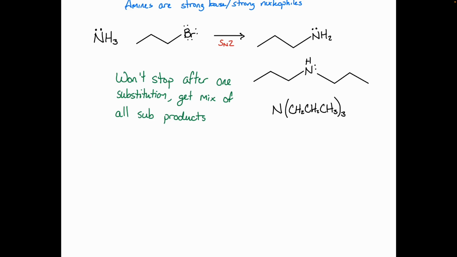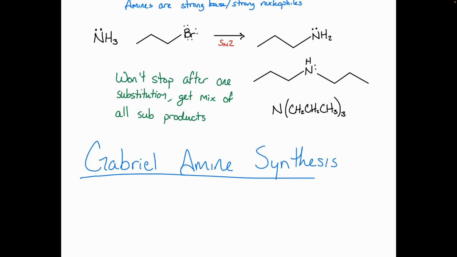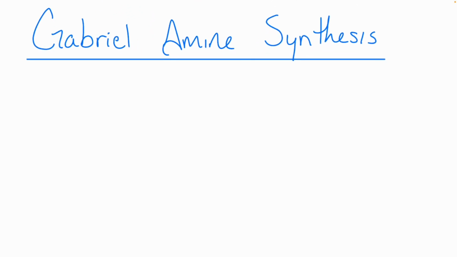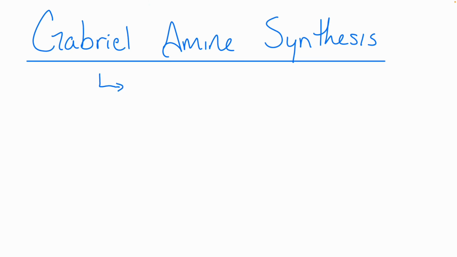All right, for primary amines, there's a sort of variation on this method here that works really well. This is what's called a Gabriel amine synthesis. And a Gabriel amine synthesis takes advantage of what's called an azide ion, which is N3 minus.